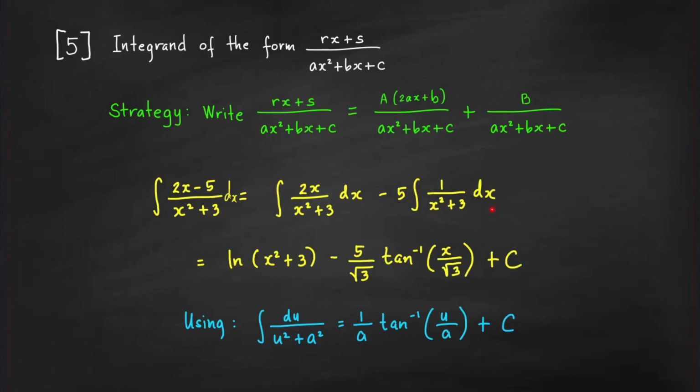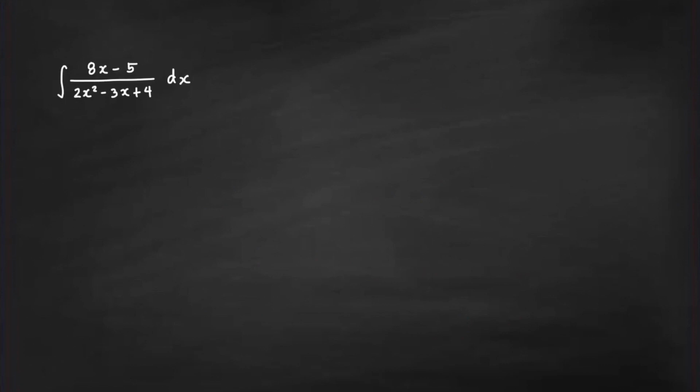And to evaluate the second integral, we use this integration formula, which is 1 over a. Our a here is square root of 3, so 3 is the square of square root of 3, so that is 5 over a. And then tangent inverse of u, our u is just x, over a and then plus c. Let's have one more problem.